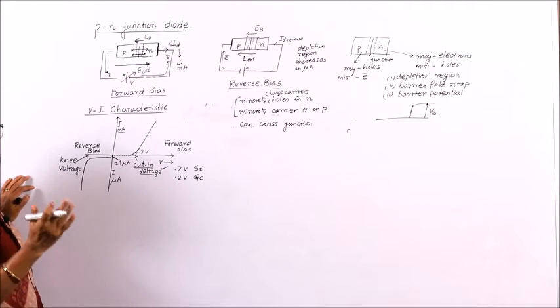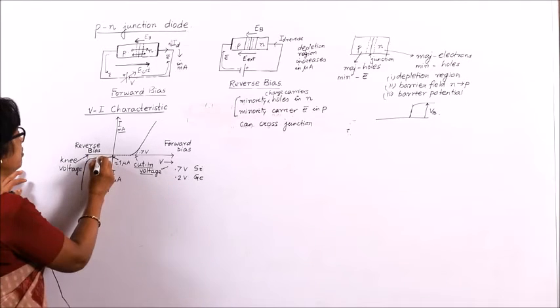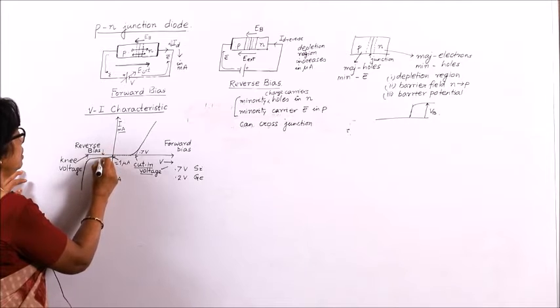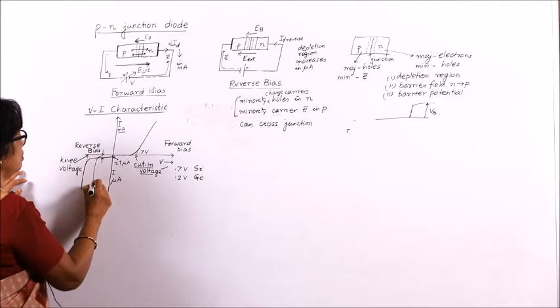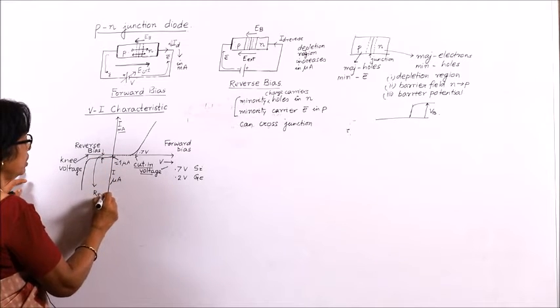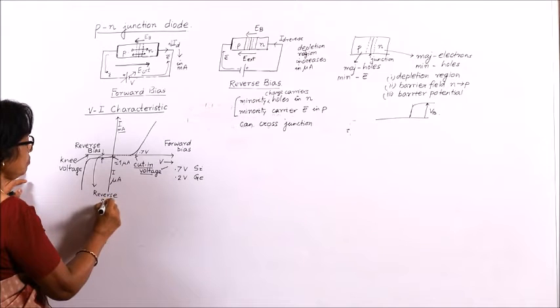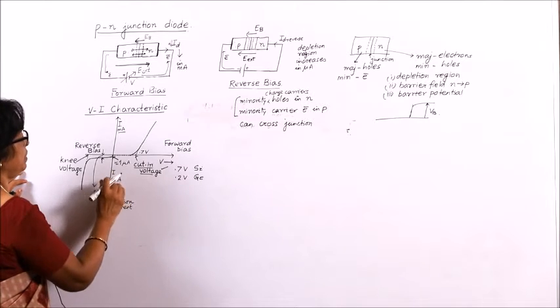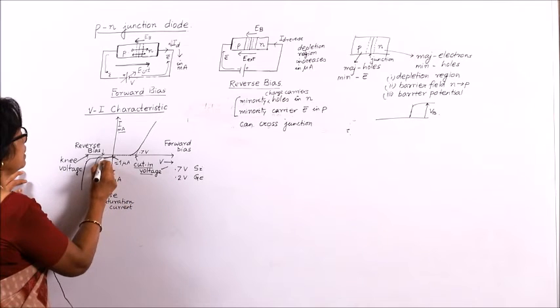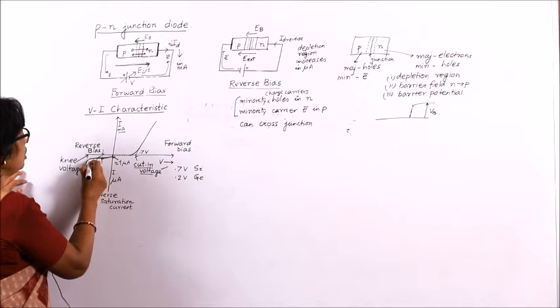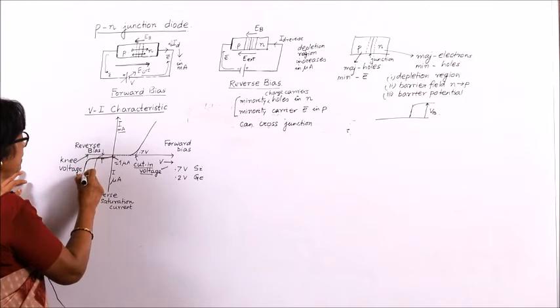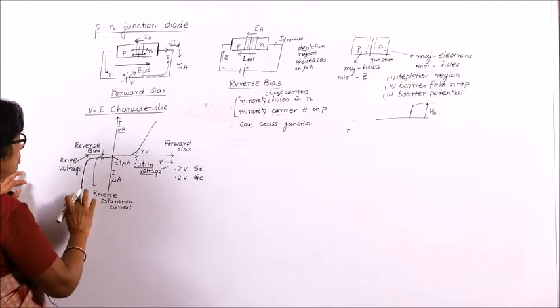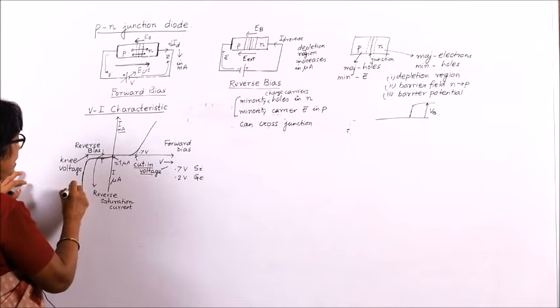This is called the reverse bias current or reverse saturation current. It is in microampere and remains constant, and suddenly at a certain voltage there is a large increase, and this is called breakdown.